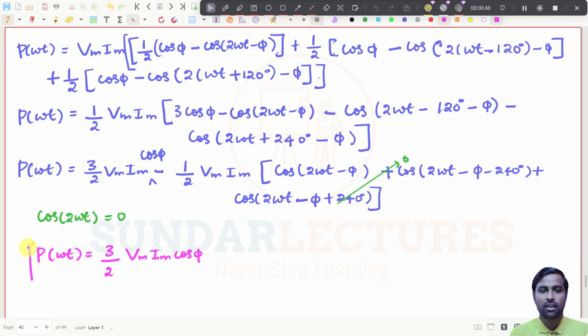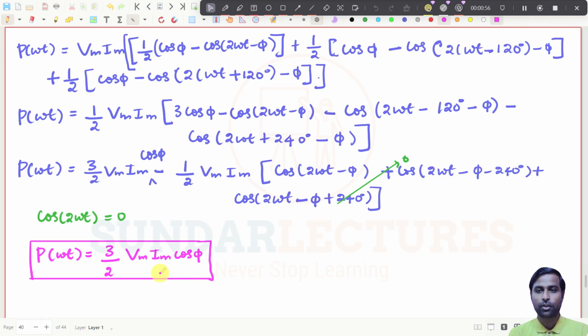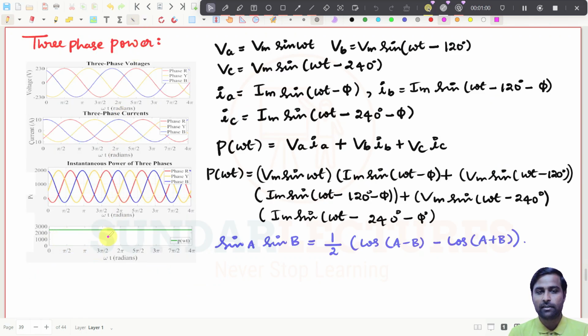So this is the final formula for the three phase instantaneous power. At any instant you take, that is what we have drawn here. This is the power curve. It is a constant value. Try to understand.